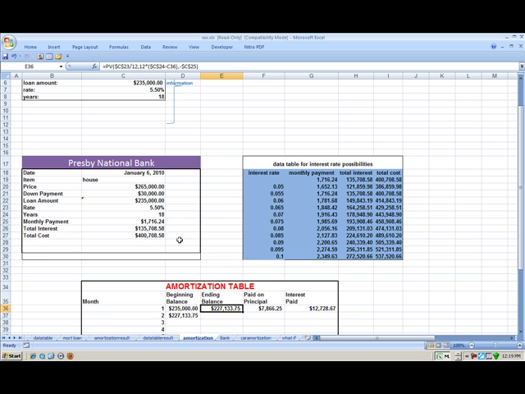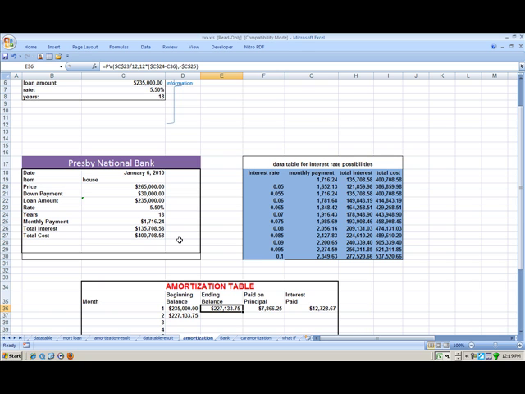Now the ending balance, this is one that we have not covered yet. It's another financial function, and it stands for the present value. Let's just do a quick explanation of it for the time being. The present value function returns the present value for a situation where one has a series of fixed payments made each month.